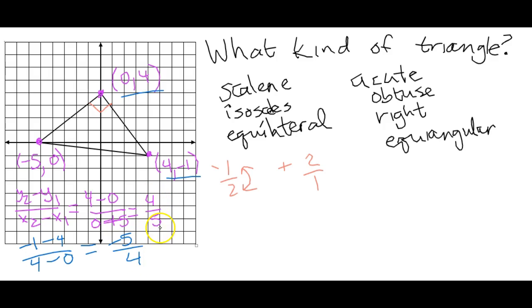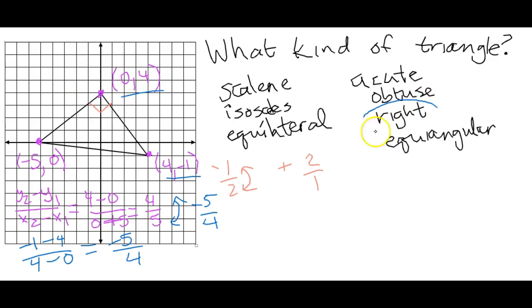So 4 over 5, if we flip that upside down, gives us 5 over 4. That's doing the reciprocal. And if we change the sign from positive to negative, that's getting the opposite. So 4 over 5 and -5 over 4 are perpendicular, which means yes, this is a right angle.